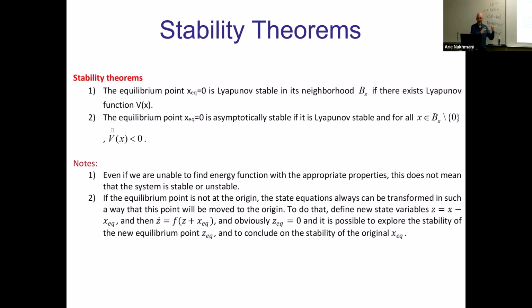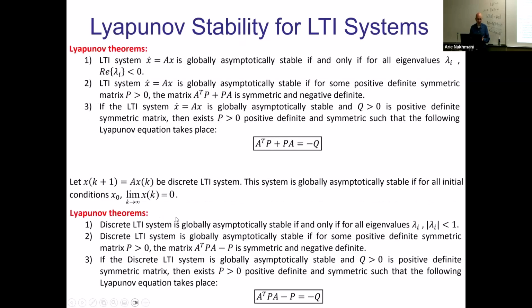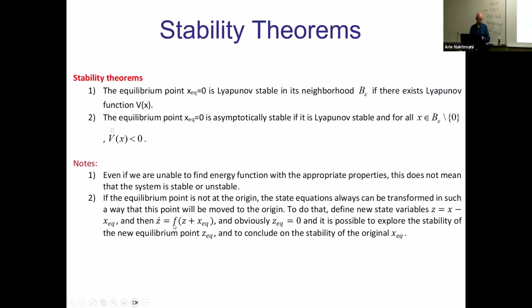With your new Z state, a different representation of the system. By definition, Z dot will be the previous nonlinear function of X, which is Z plus X equilibrium, right? I'm just taking that X from that equation, so it will be Z plus X equilibrium. This is what X is, practically speaking.